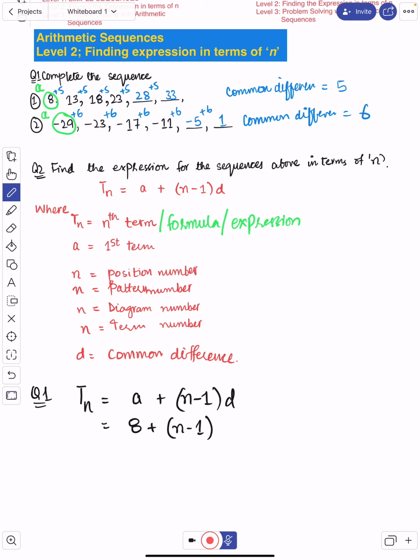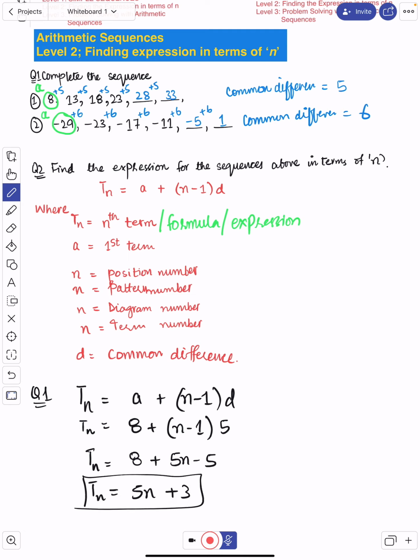I'm telling you how to use this formula in order to find the expression of the sequence. Your expression is going to come as 8 plus 5 times n minus 1, and this is going to be 5n plus 3. So this is your expression. Tn is equals to 5n plus 3.